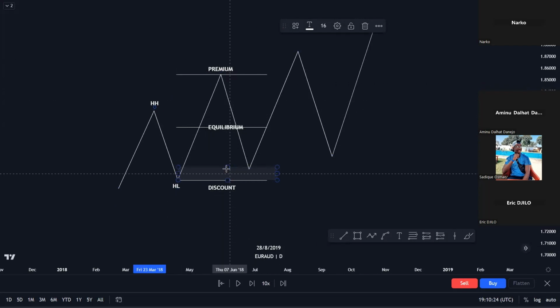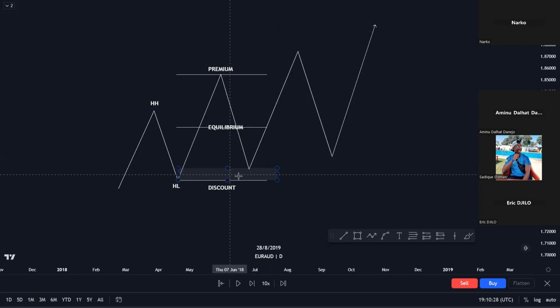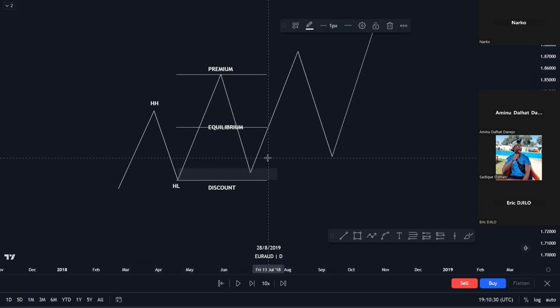Okay, so now when we're taking our trades at our lowest point here, which is the discounted price of our bullish trend here, we're looking to take profit at our previous high.